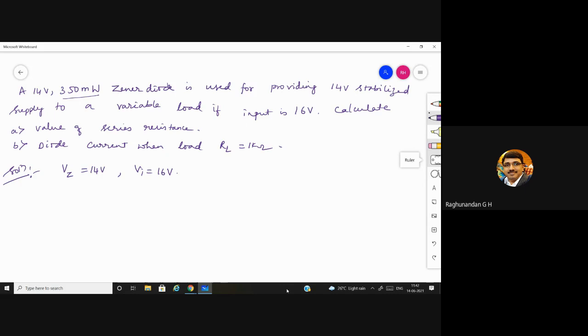So this is the power dissipated by the Zener diode, PZ is 350 milliwatt, and RL is 1 kilo ohm, so we can write it as 1000 ohm. First we need to find the value of series resistance, that is RS, and later on we need to find IL when the resistance is 1 kilo ohm.